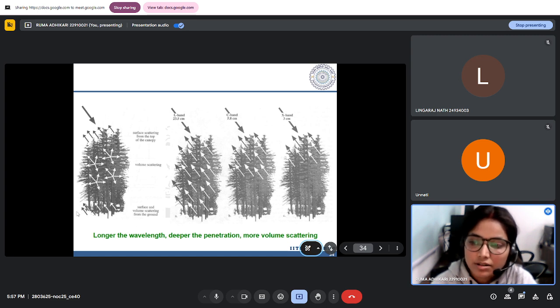The lowermost part does not have any canopy, it has only the trunk and the surface. So it will show you the double bounce.